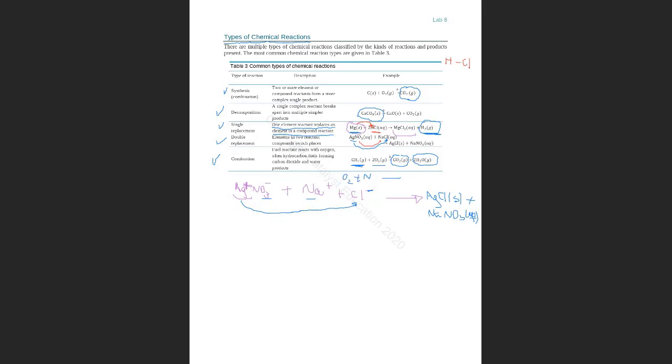Instead of CO2, you can have NO2. It's not that common, but I wanted to tell you that the majority of the product is going to be CO2. But if you see a reaction that reacts with oxygen, it's a fuel, and the product is NO2, it is also a combustion.